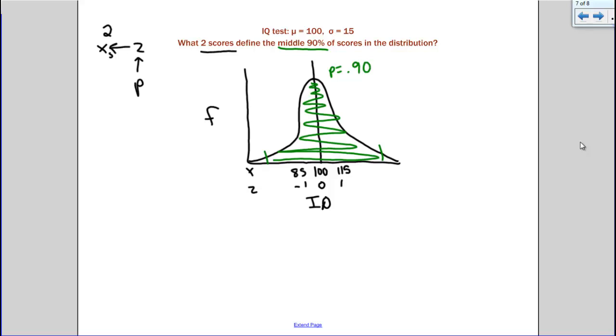This leaves P equals 0.10, or 10% of the distribution left. But that 10% needs to be divided into two tails. So you can divide this by 2, and you get 0.05 in each tail. There you go.